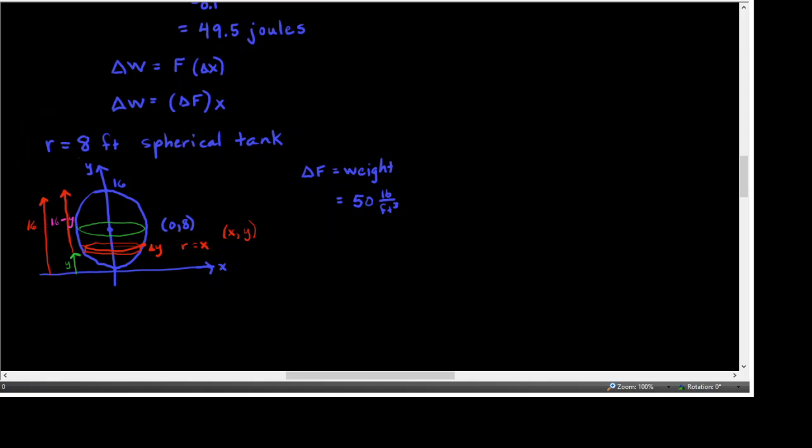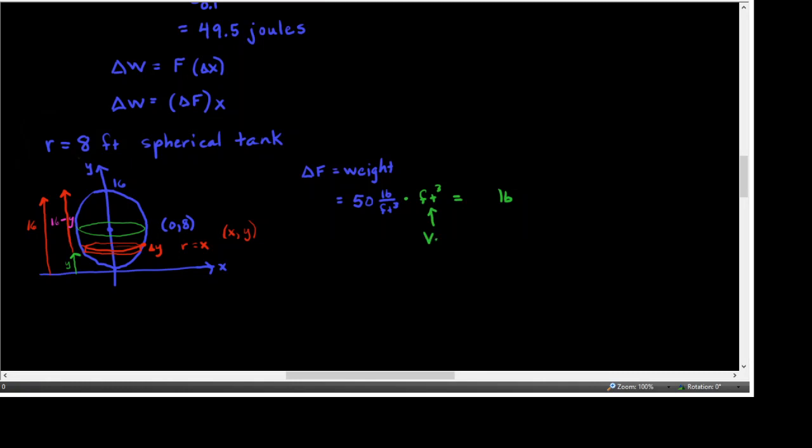What would I need to multiply pounds per cubic foot by to get pounds? Well, I'd have to multiply by cubic feet, right? So the cubic feet would cancel, leaving pounds. So what is measured in cubic feet?